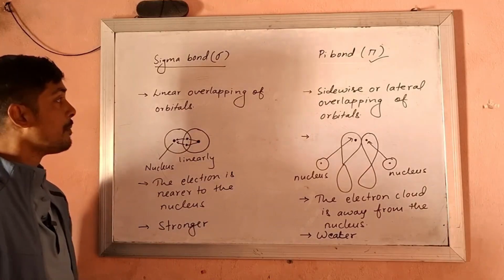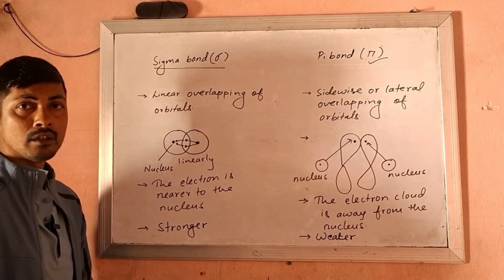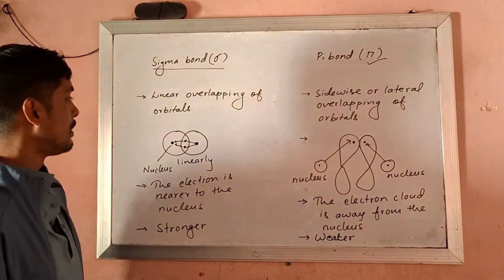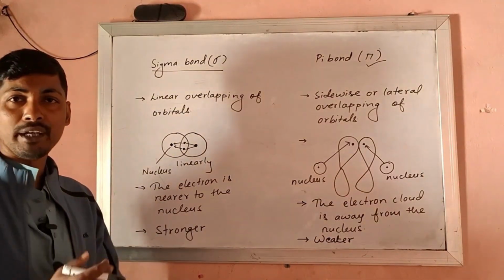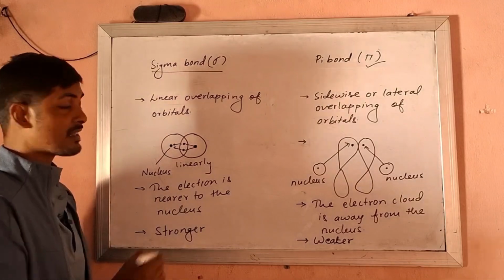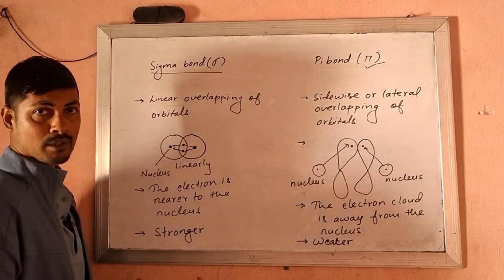So this is about the sigma bond and pi bond. Let's make it simple with a story. Suppose two electrons are forming a pair for sigma bonding by taking the permission of their parents. That means it is like an arranged marriage.